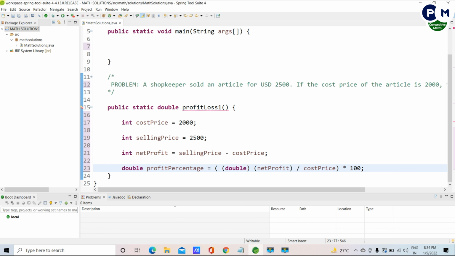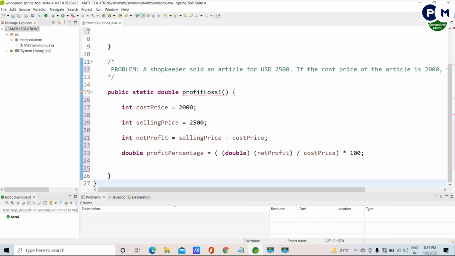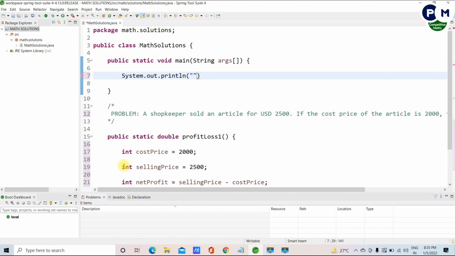Next, calculate the net profit by subtracting cost price from selling price. The profit percentage is calculated as net profit divided by cost price multiplied by 100. The last step is to return the profit percentage.